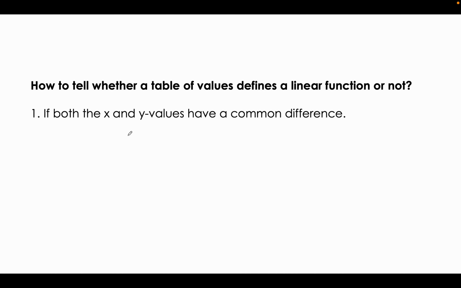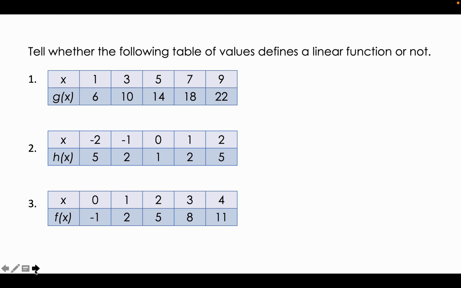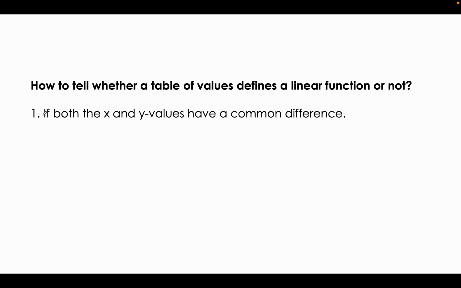So for better understanding, let's have an example for this one. Okay, so I have three table of values here. So you are going to tell whether the following table of values defines a linear function or not. So for number one, according to the condition earlier, if both the x and y values have a common difference.